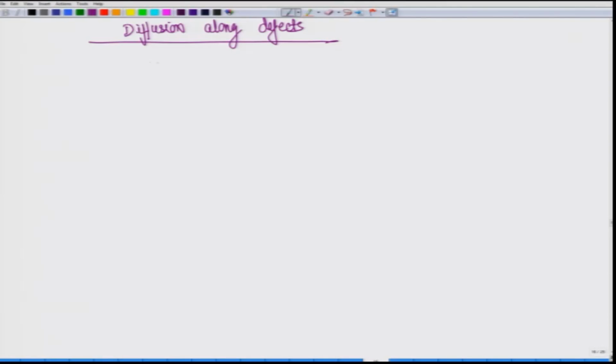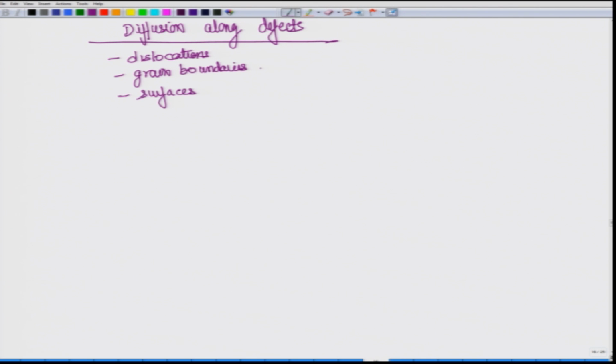So what kind of defects are we talking about? Something like dislocations, grain boundaries, even surfaces. Like I told you in the beginning lecture, even surfaces are a defect, because there is no continuity.